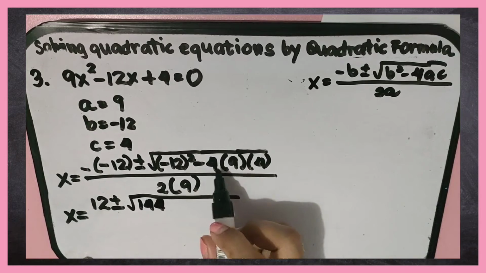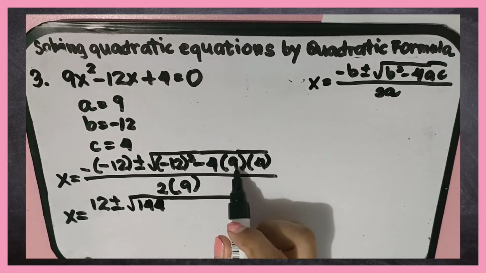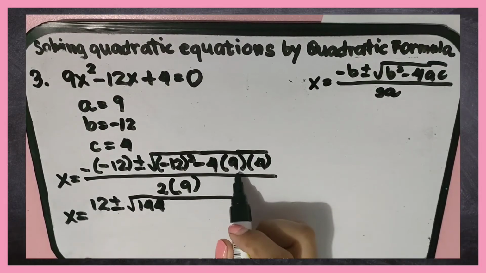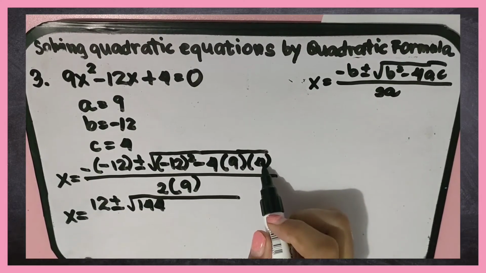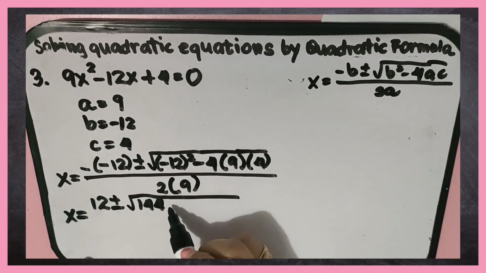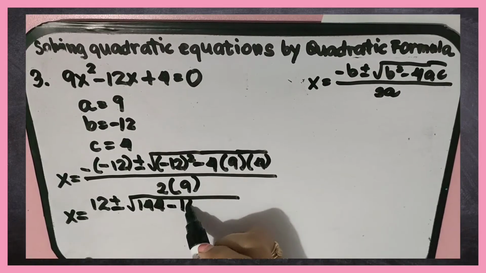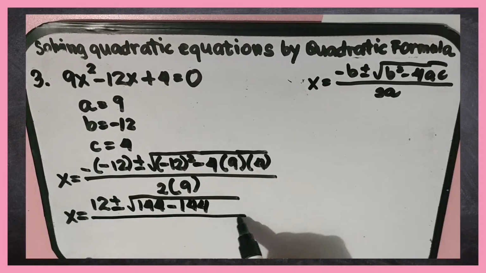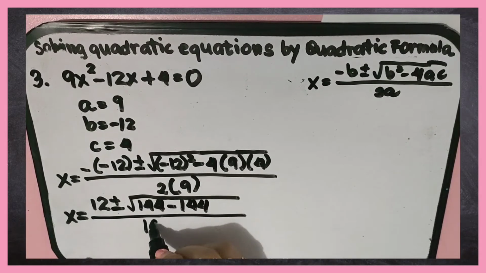Then negative 4 times 9 is negative 36. Then negative 36 times 4, and that is negative 144. All over 2 times 9, and that is 18.